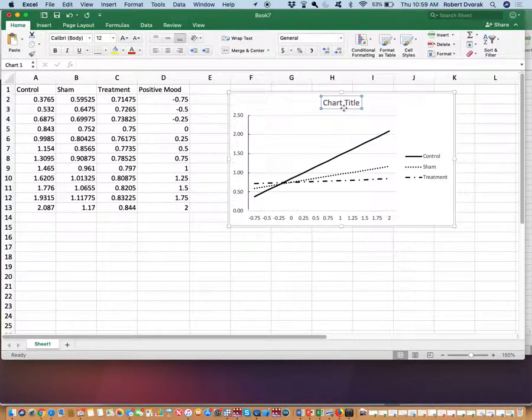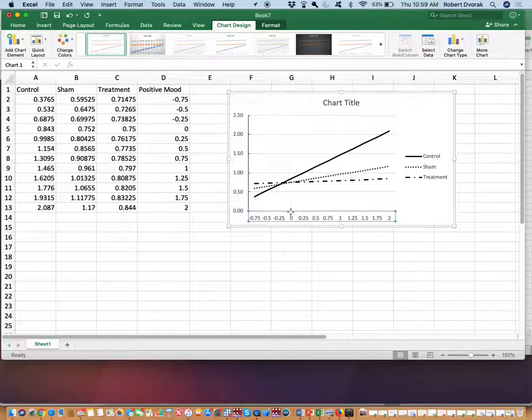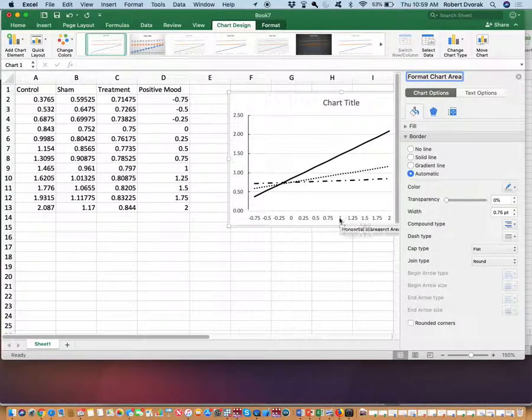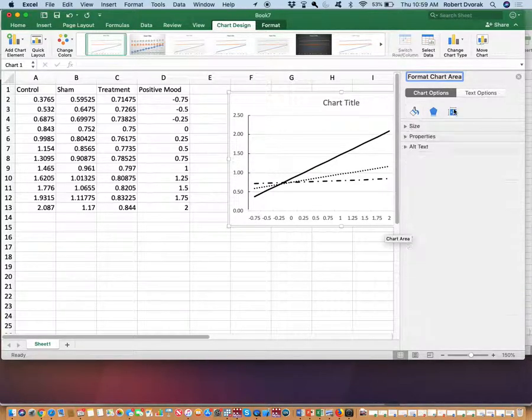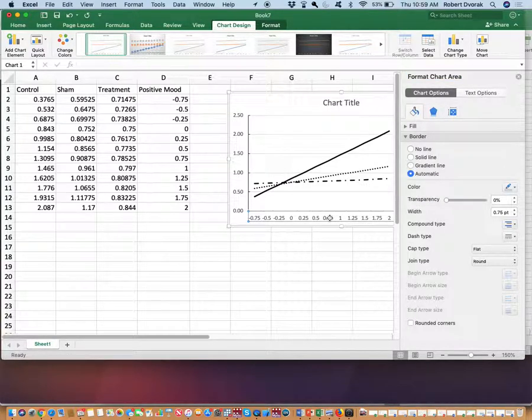And then, oh boy, that's weird. One of those got really bold and one didn't. Oh, and these numbers aren't actually in quite right, are they? Let's go back to this. Why is that?